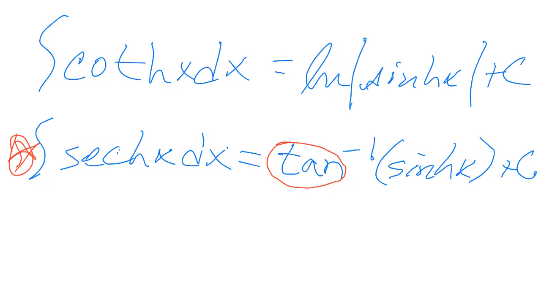Well, we'll just have to assume I'm right. By the way, we could prove I'm right by taking the derivative of the right side. I might come back to that. But anyway, we got one more to come up with.